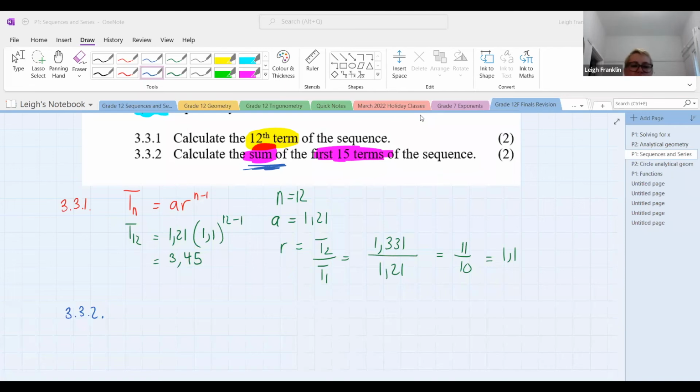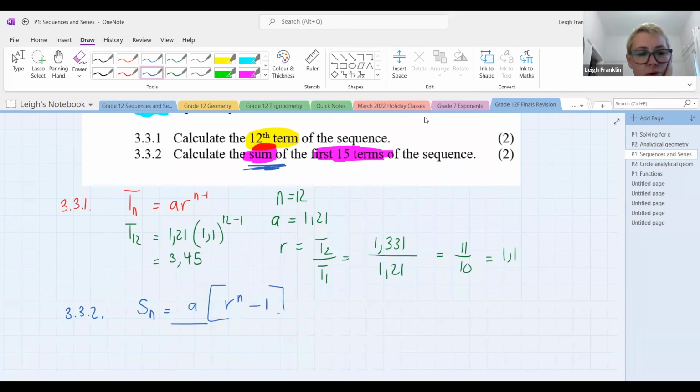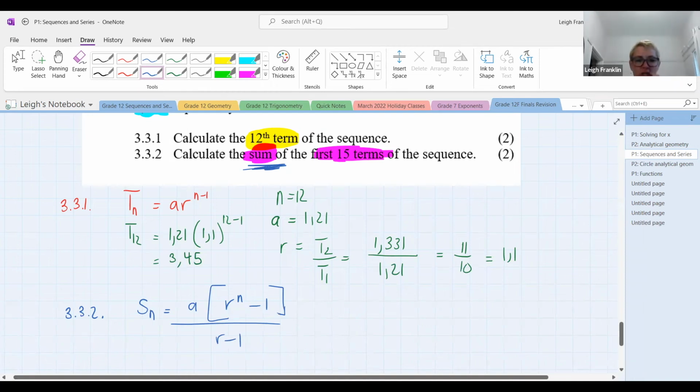Okay, they want us to calculate the sum of the first terms. So now, sum to 15. So sum to n equals A, and then I don't know if you remember this, it's R to the n minus 1 over R minus 1 like that. Okay, that's on your formula sheet.